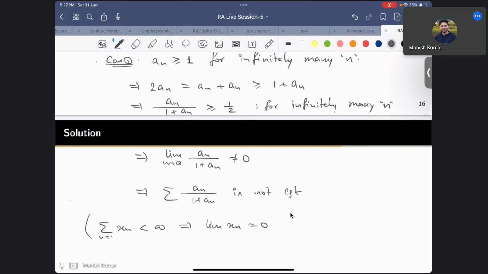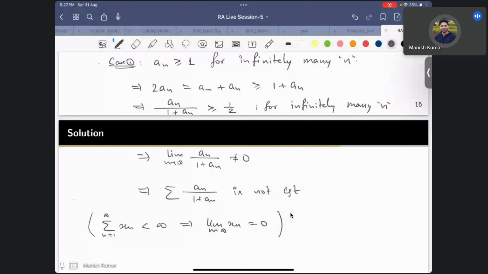This you must have seen, that if a series is convergent, then the nth term must go to 0. So since the nth term is not going to 0, you can conclude that it is not a convergent series, because if it is convergent, then the limit has to be 0, which is not true here.